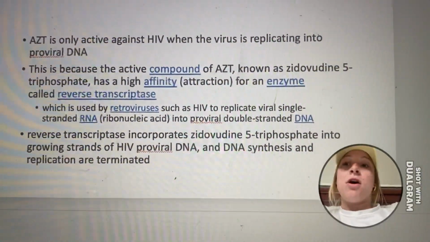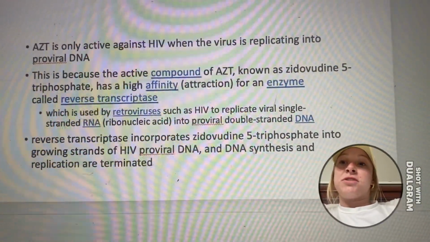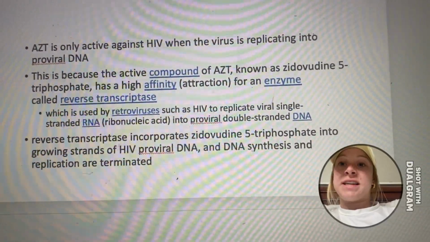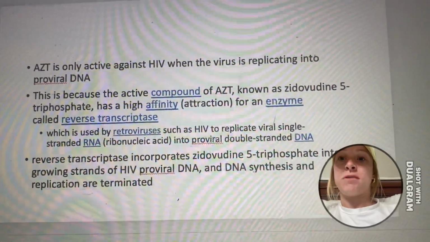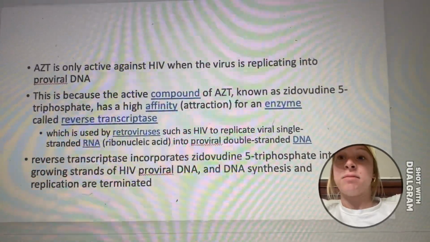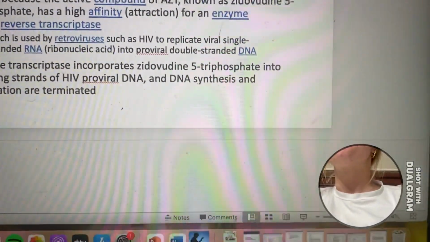Reverse transcriptase incorporates AZT into growing strands of HIV proviral DNA, and DNA synthesis and replication are terminated.